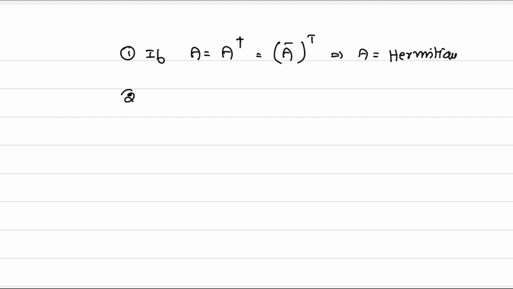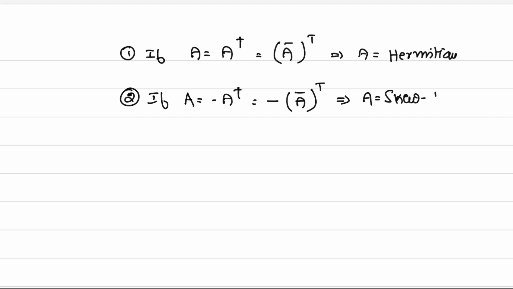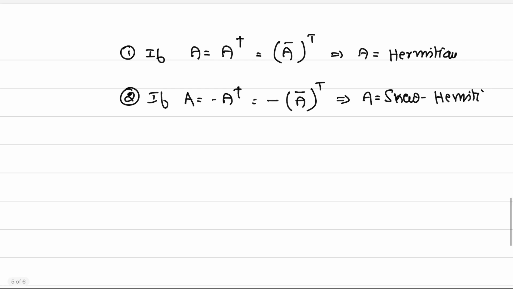Please understand this. If A is equal to minus of the transpose of the conjugate, then A is skew-Hermitian. Now we know what Hermitian and skew-Hermitian are, and how to find out whether a particular matrix is Hermitian or skew-Hermitian.